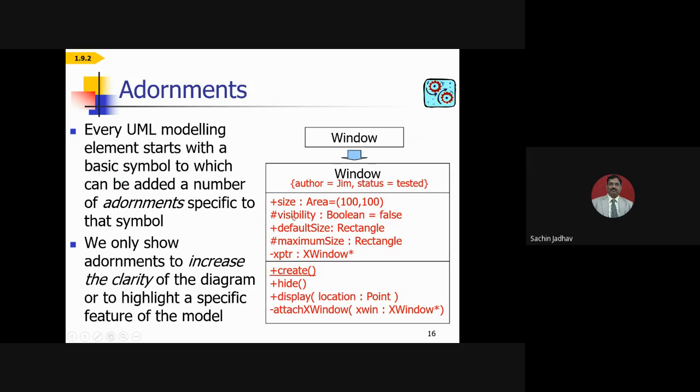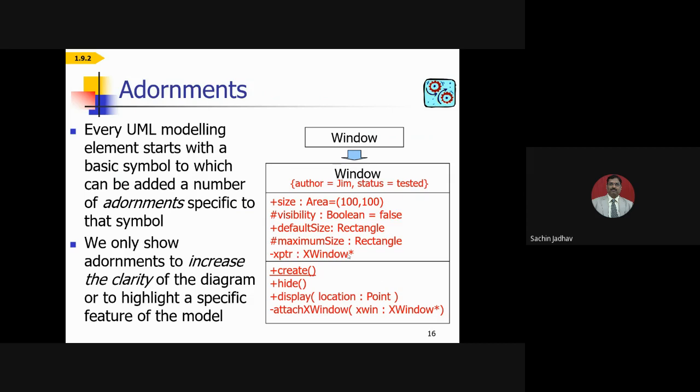Now you can see that for size, you are using a plus sign. For visibility, you are using the protected sign, which is the hash sign. So what is the notation of these plus, minus, or hash signs, or the star sign? These are nothing but adornments, and they specify specific concepts.